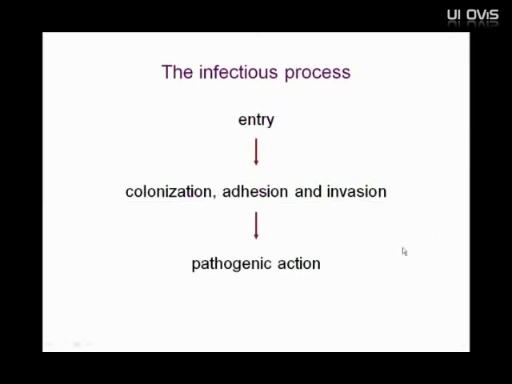When we talk about the infectious process, we talk about the entry of the microbe into the human body, then colonization of the microbes, adhesion and invasion into the cells, and then the pathogenic action.